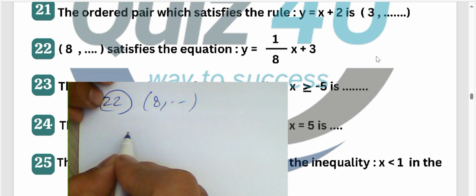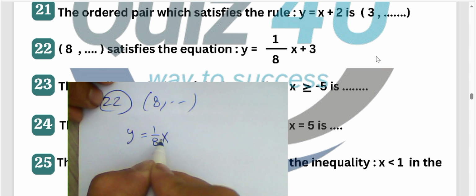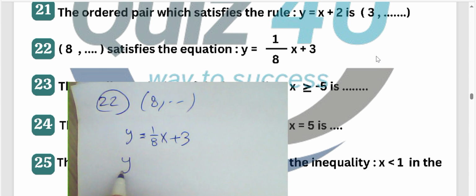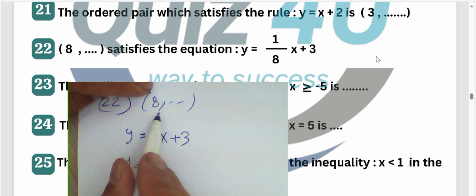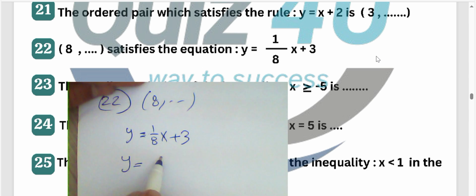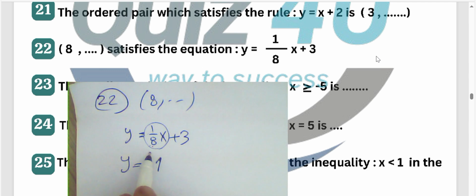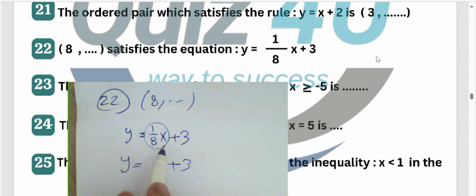We have y equals 1 over 8 x plus 3, and x here is 8. 8 times 8 over 8 is 1, plus 3 is 4. Then the value of y here will be 4.